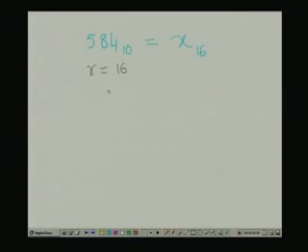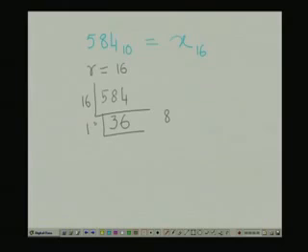So we divide 584 by 16. The quotient will be 36 and the remainder is 8. Again we divide, quotient is 2, remainder is 4.